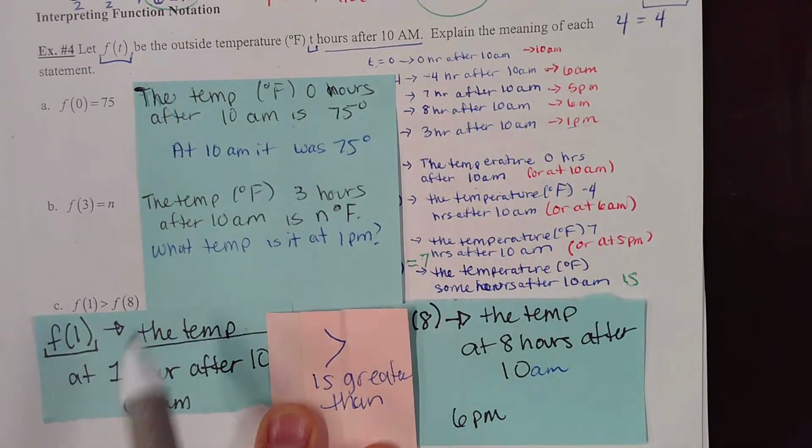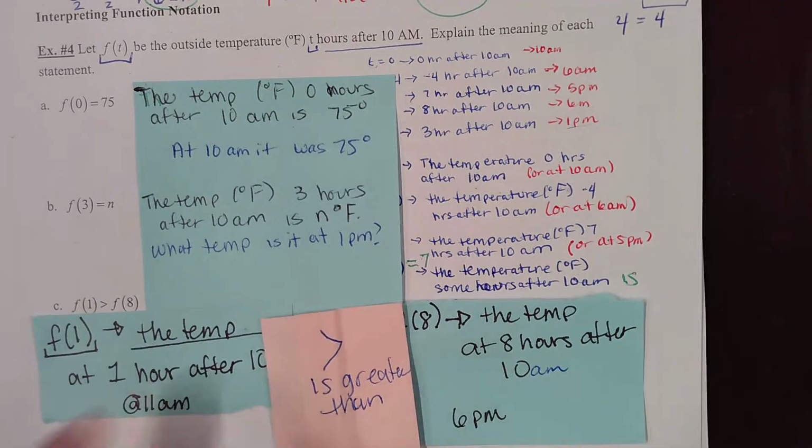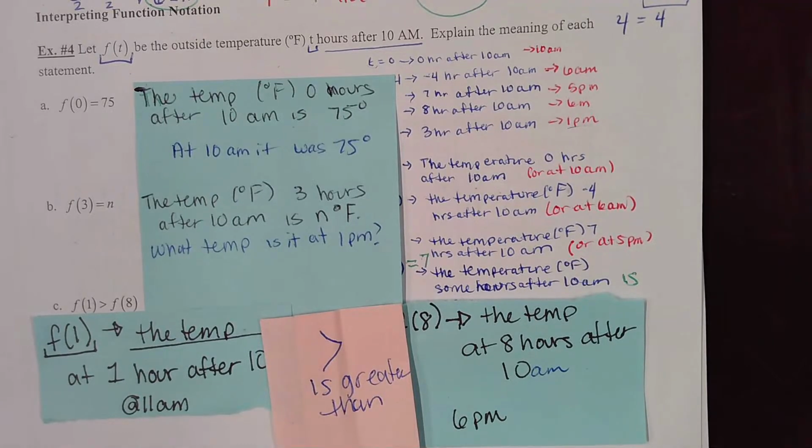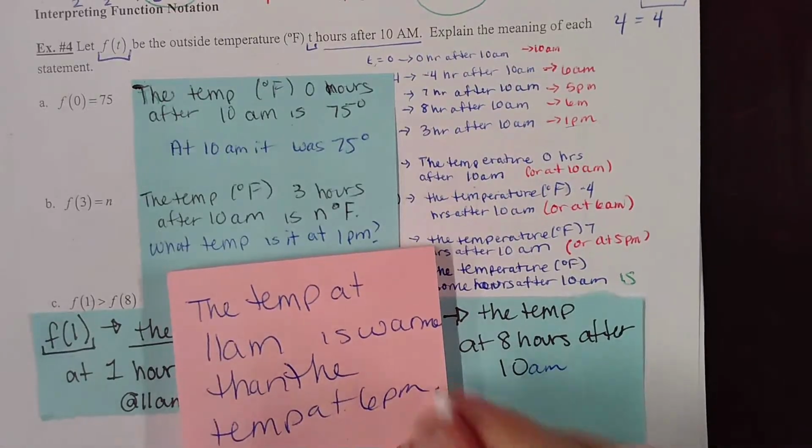So our interpretation is the temperature at 1 hour after 10 a.m. is greater than the temperature at 8 hours after 10 a.m. Or, in simple terms, the temperature at 11 a.m. is warmer than the temperature at 6 p.m.